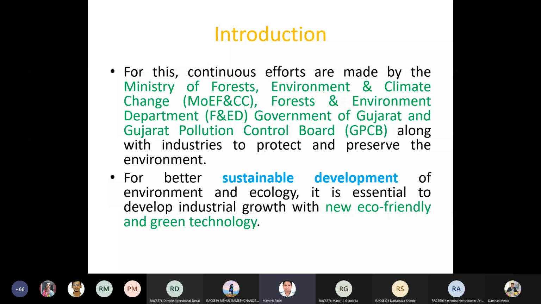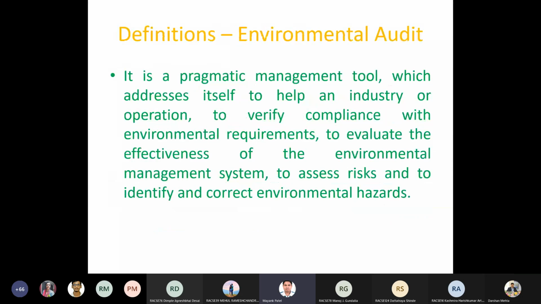There was a need to develop many new technologies as you continuously grow and produce various products. Green technology and eco-friendly technologies were also required, and if someone has incorporated them, you need to mention it in this audit report, and that is how transparency will be created.